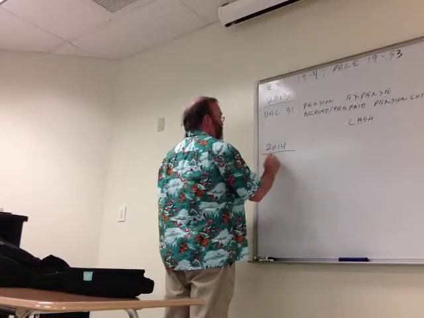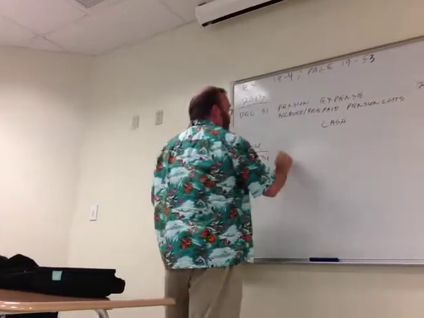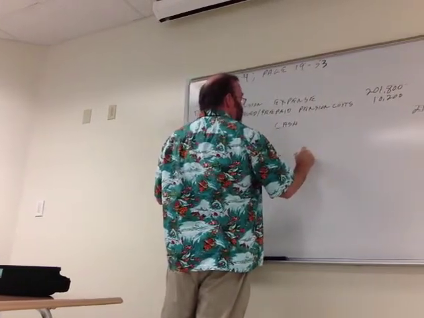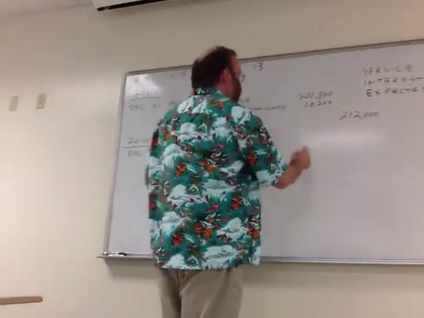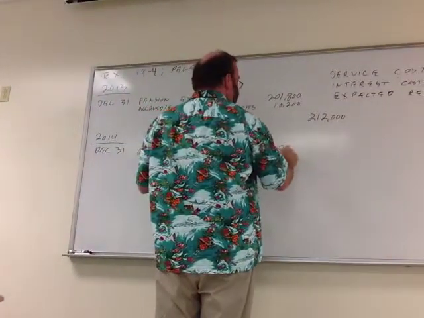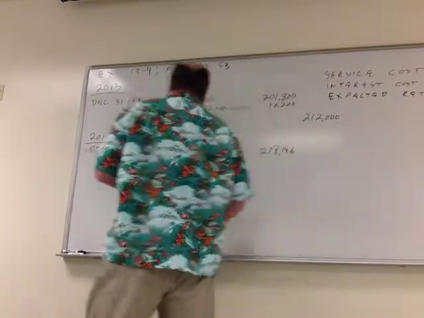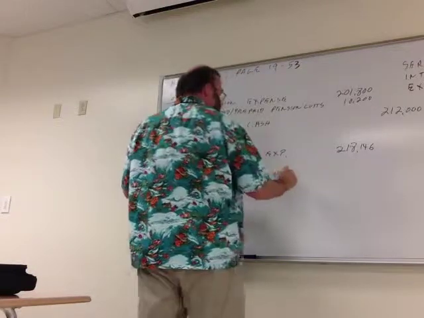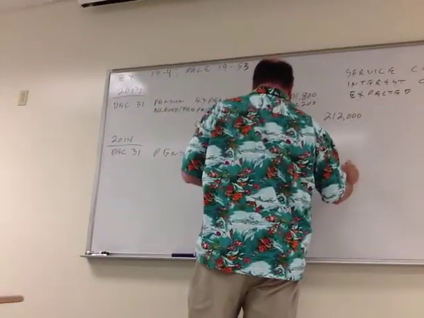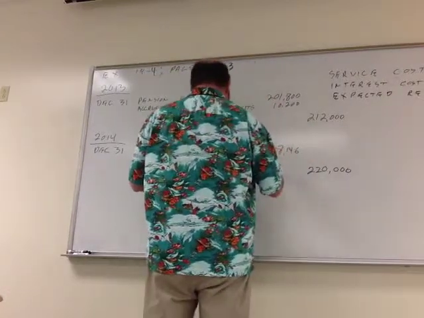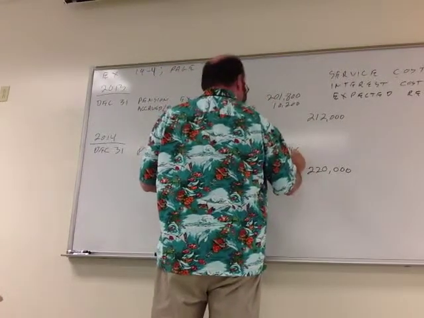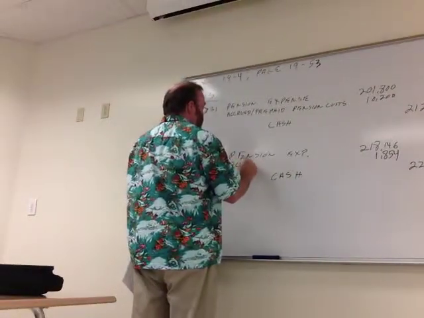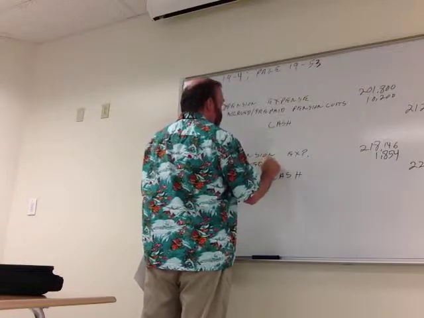For 14, we have the same basic entry. Pension expense of now 218,146. We've agreed to fund 220, for a difference of 1,854 that goes to accrued prepaid.